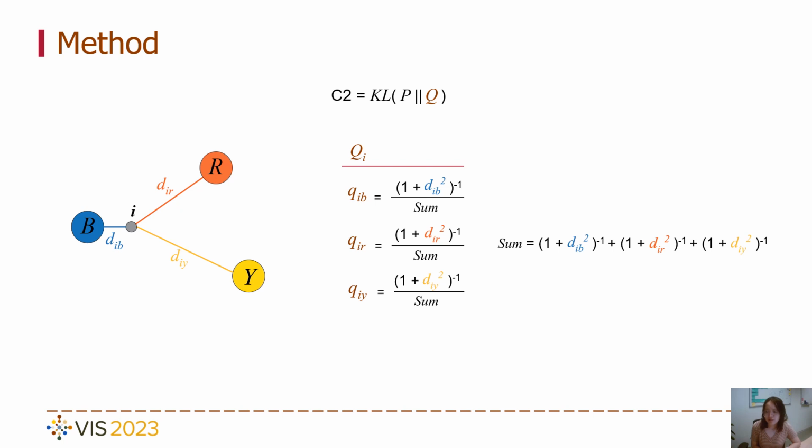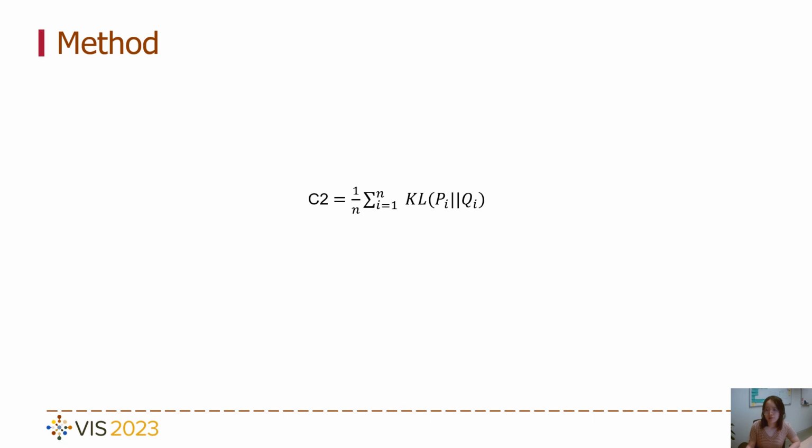Then, using the Student t-distribution, we convert these distances into probability denoted as Qi. Following the above approach, we compute P and Q for all instances, and then sum all Kullback-Leibler divergences as the cost function C2. However, this approach may not always yield a stable result.